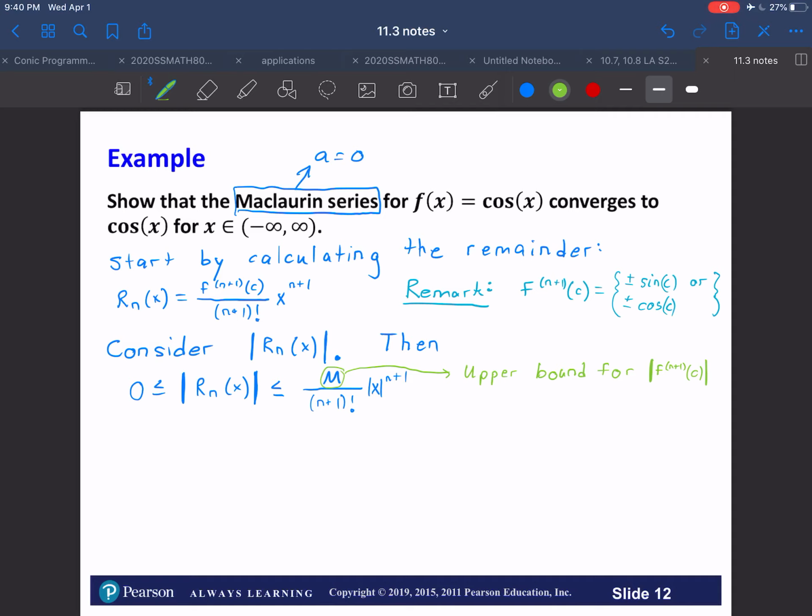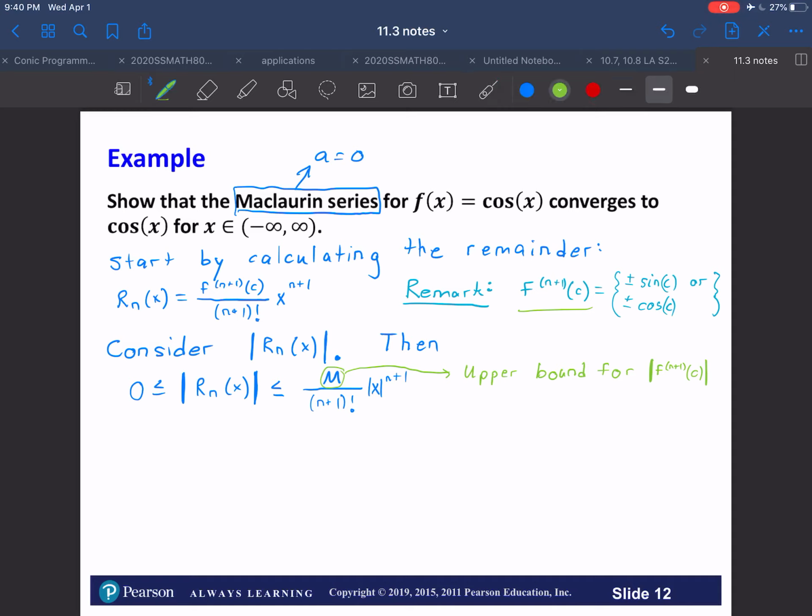Well, in this case, we know that an upper bound for f^(n+1)(c) is 1, because these functions, plus or minus sine of c, plus or minus cosine of c, never grow larger than 1. And so there's an upper bound for that.